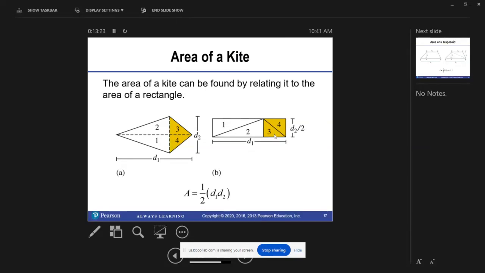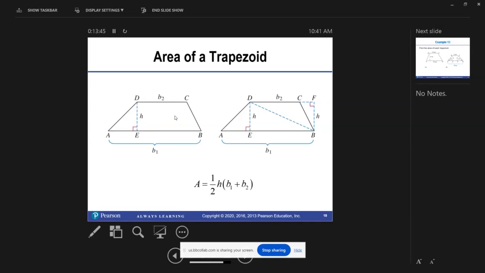And they're showing you here how that's related to a rectangle. So your formula is 1/2 D1 times D2, where D1 and D2 are the diagonals. D1 is this horizontal dotted line, and D2 is the vertical dotted line.